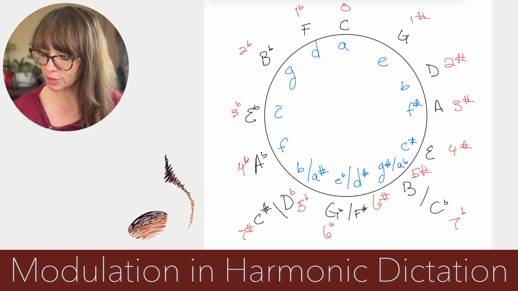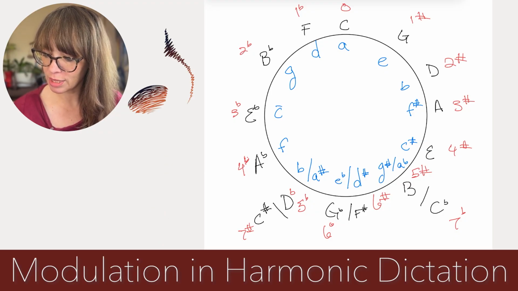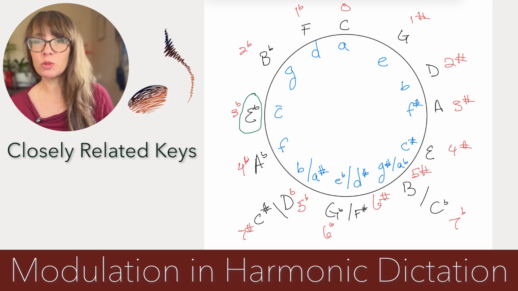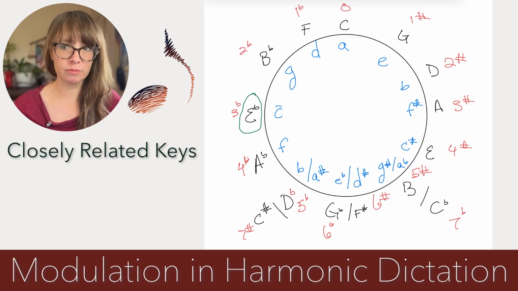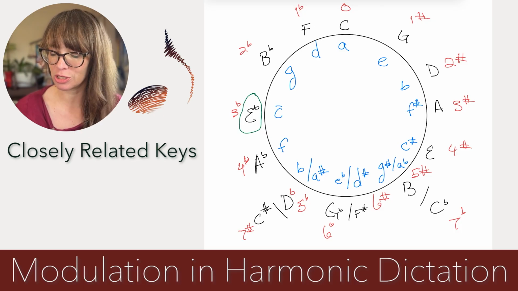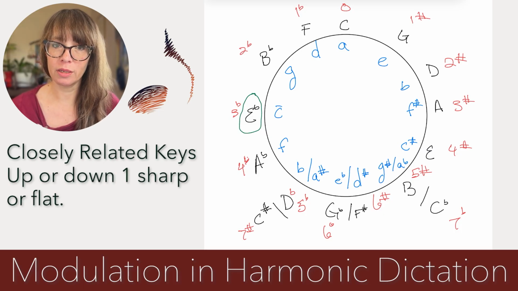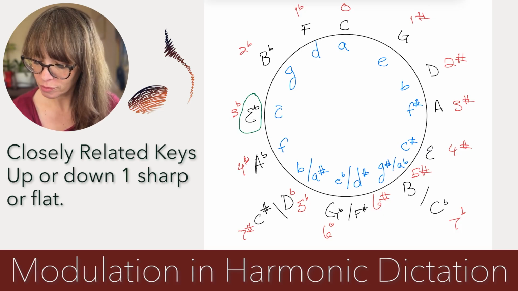Okay, so let's remind ourselves we're starting in E flat. So if we're going to a closely related key, which is, especially for the classical era, the majority of the modulation that you're going to have. So basically what that means is that we can go up or down 1 sharp or flat.